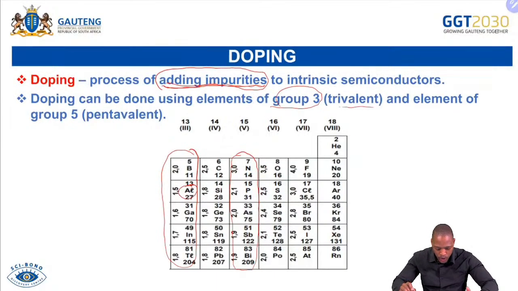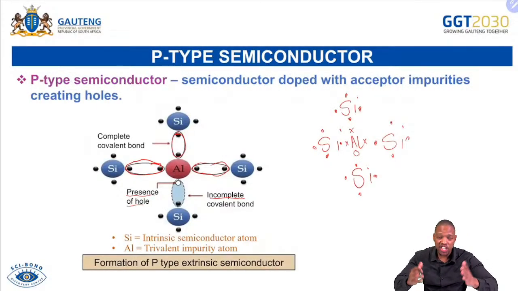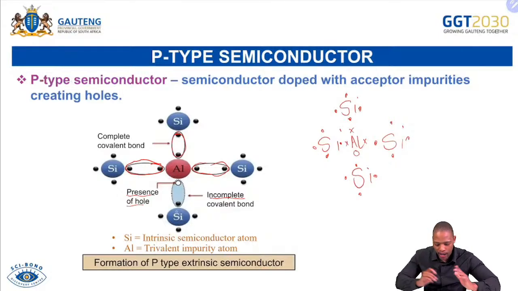But now, if you go to this one, where I have added an impurity such as aluminium, you realize that this silicon is no longer going to be happy. Why? There's no one to share an electron with. All the electrons that aluminium brought have been taken by other silicon. Now there's the presence of the hole. We have put an instability in this situation. This situation is now unstable. Not everyone is happy.